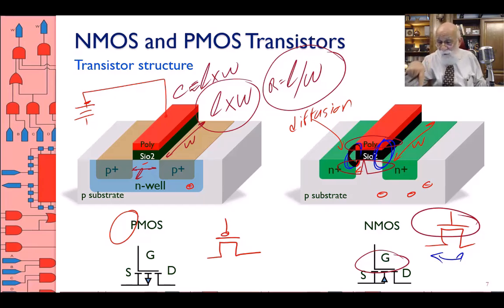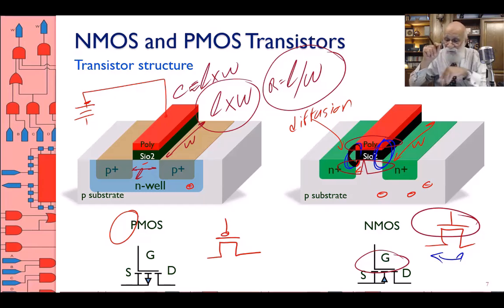But then, for the NMOS transistor, the electrons are the ones that are creating that resistance. The mobility of electrons is higher than the mobility of holes.